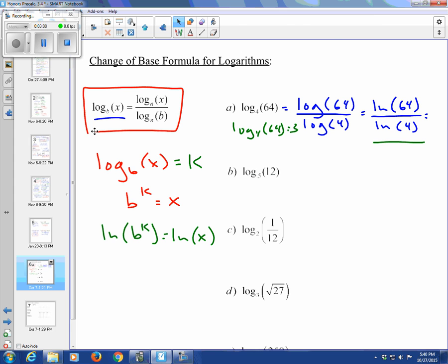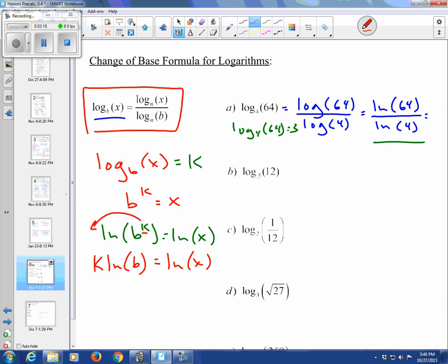And now with properties of logarithms, I can say that this exponent k inside my natural log, I can throw out front and make a multiplication of k. So I can call this k times the natural log of b equals the natural log of x. And then we're one step away because all we have to do is divide on both sides by the natural log of the base b.